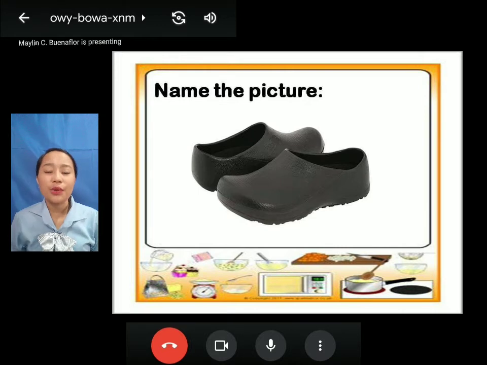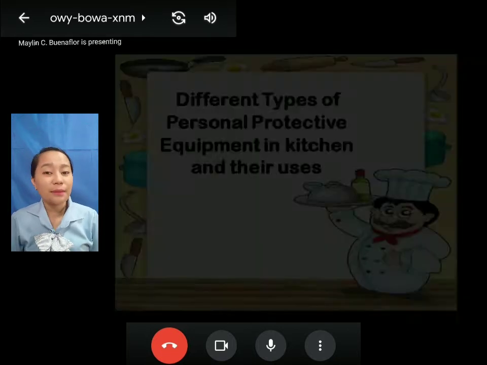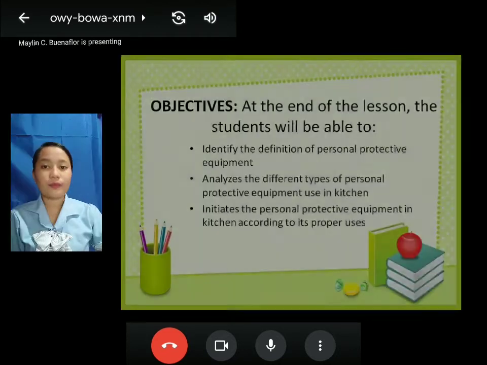So, based on what you have seen, who has an idea of what will be our discussion this morning? Yes, Brenda? Very good. So, our topic for this morning is all about the different types of personal protective equipment and their uses.